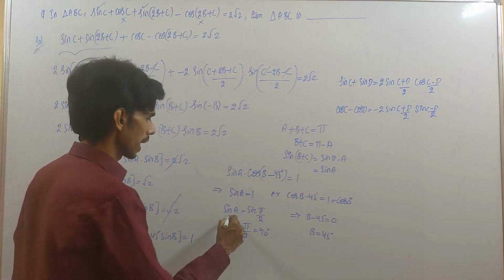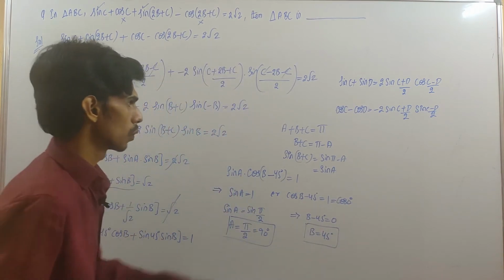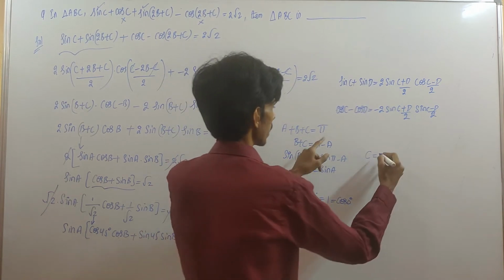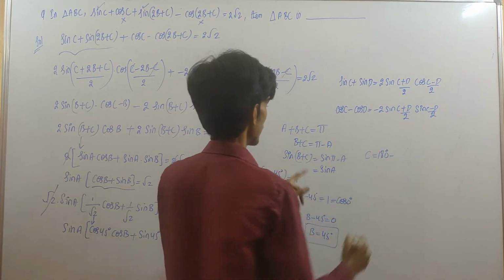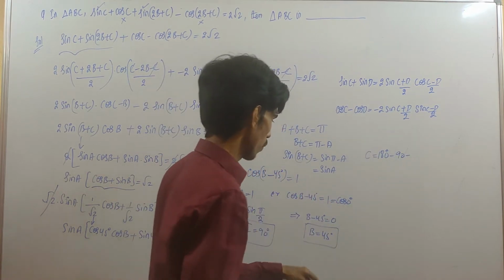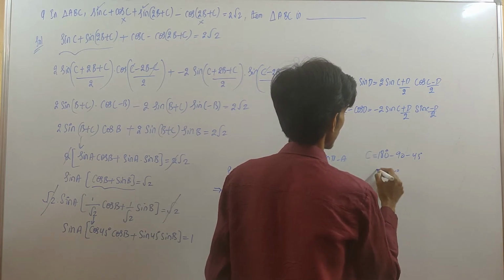We got A value is 90, B value is 45, C value, from this, C will be 180 minus A value, 90 minus 45. So this will become 45 degree.